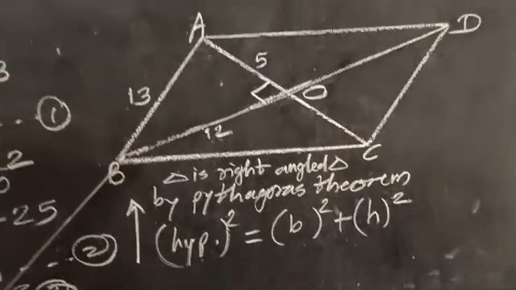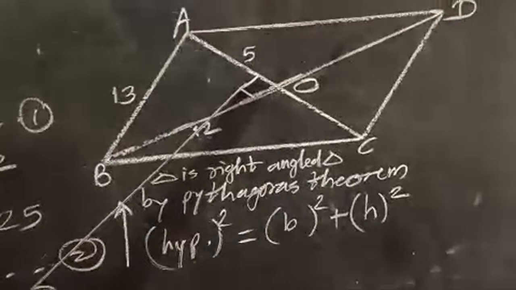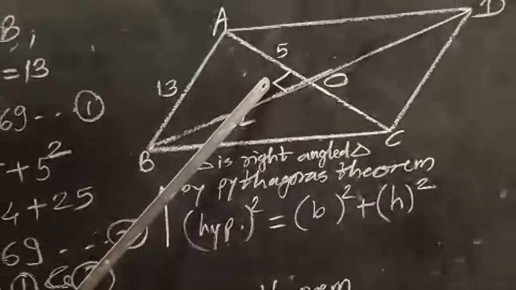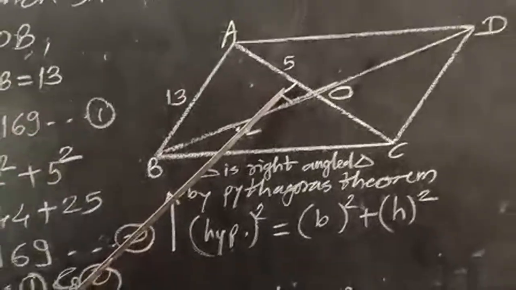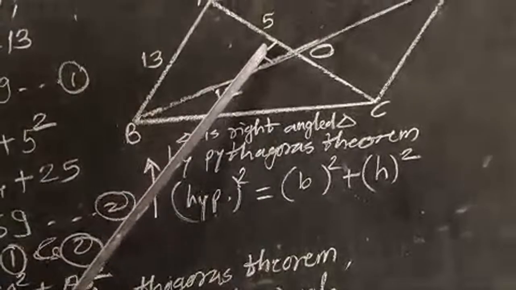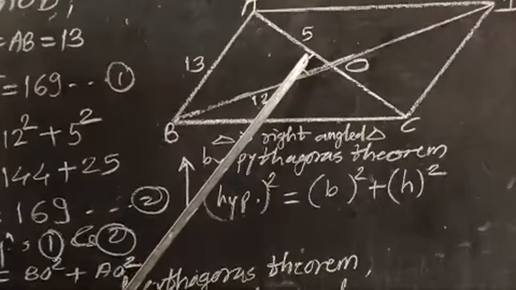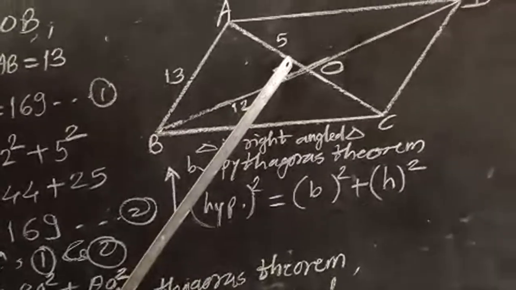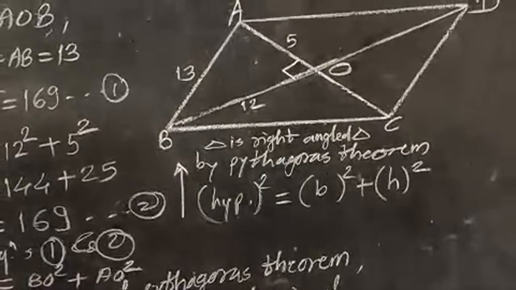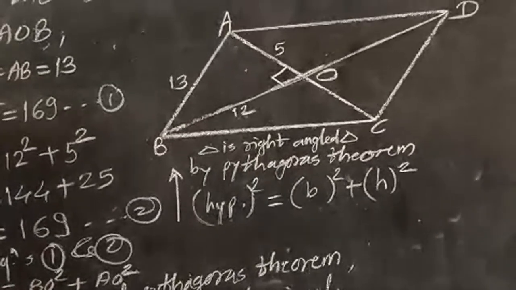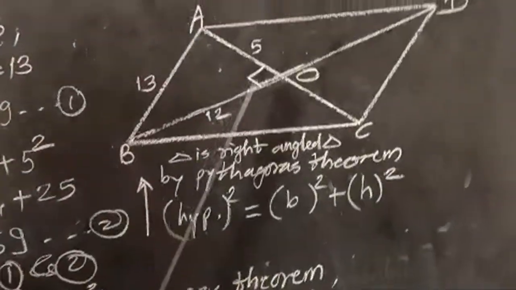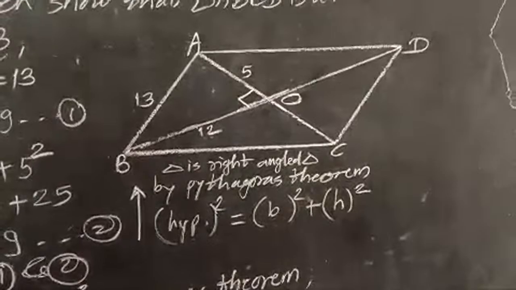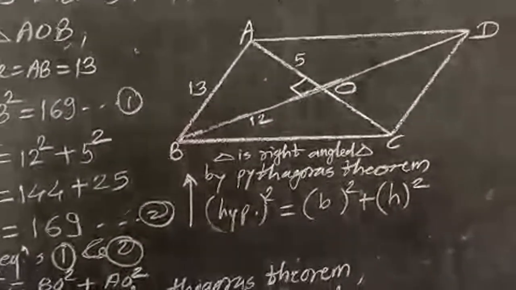Here angle AOB is 90 degrees, means diagonal AC and diagonal BD are perpendicular. Yes, correct. That is a perfect mathematical answer.